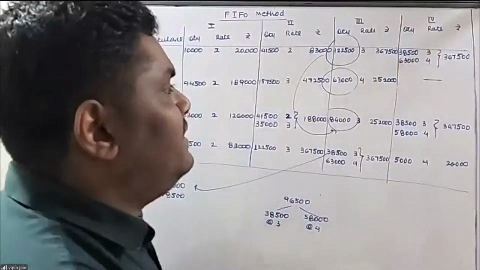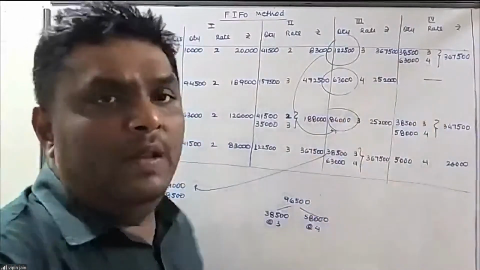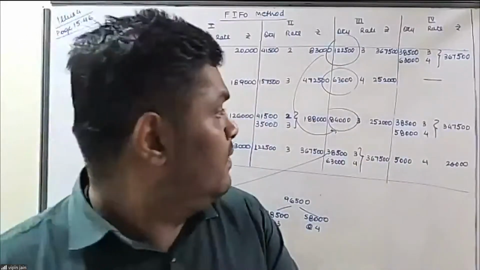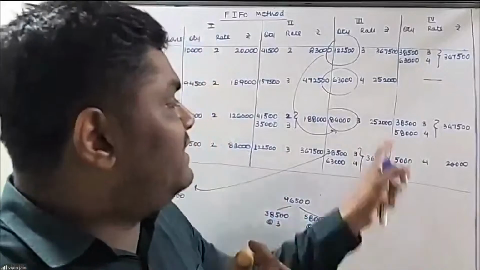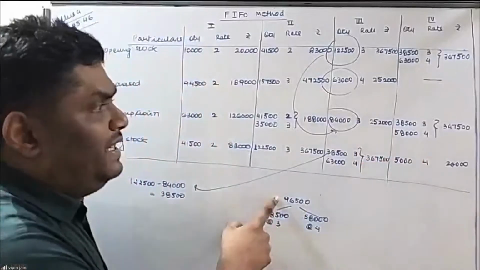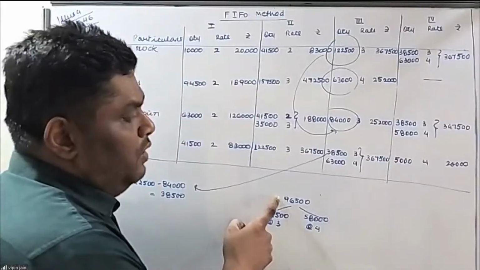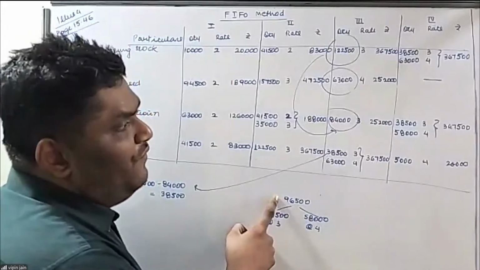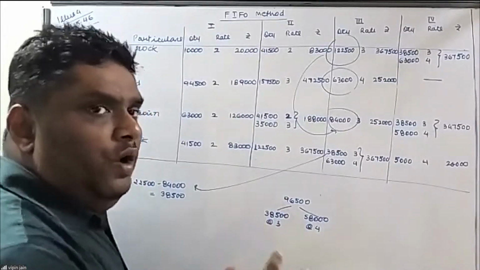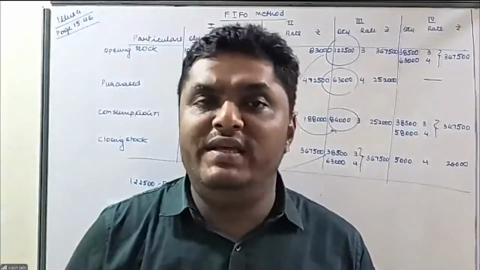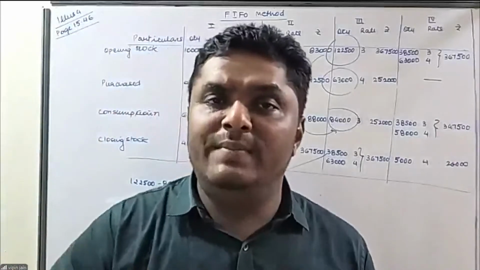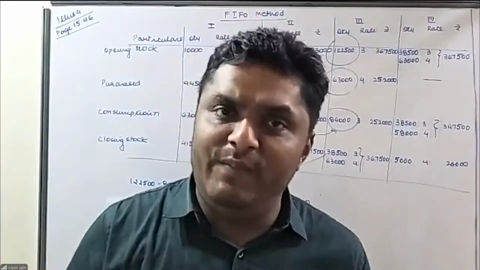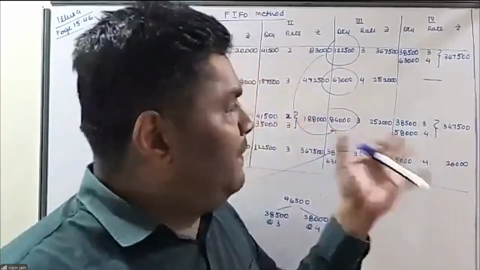So see, Karan, nothing is purchased in quarter 4. Now in quarter 4, my requirement is how much? My requirement is 96,500. Since we are using FIFO method, first in, first out. This is all discussed in material costing, and I'm assuming that you are thorough with the concept and how to prepare this table.